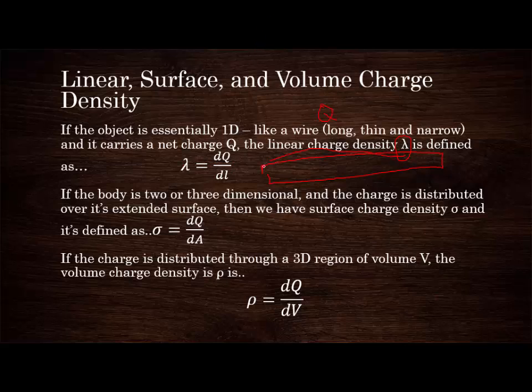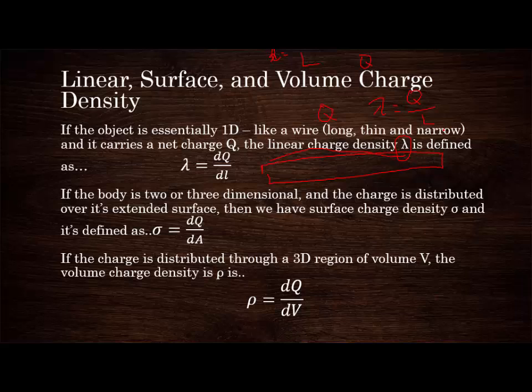or dQ over dL. If we're looking at the entire length, then L we typically say is capital L, and Q is the total charge. So the linear charge density is Q over L for the entire length of the wire or the rod.